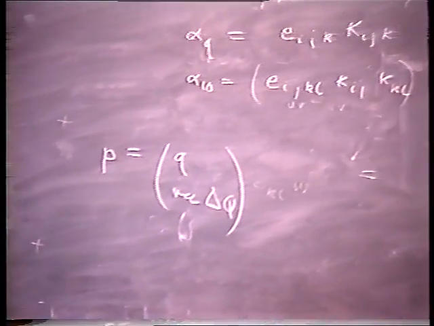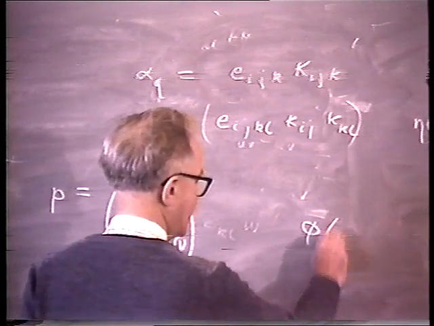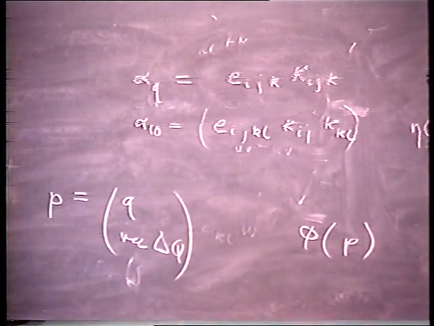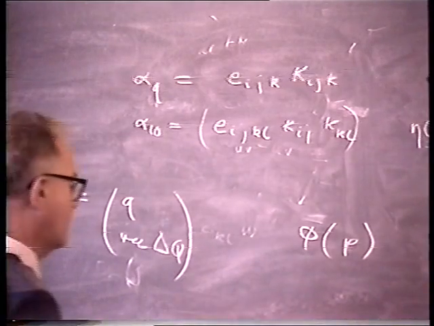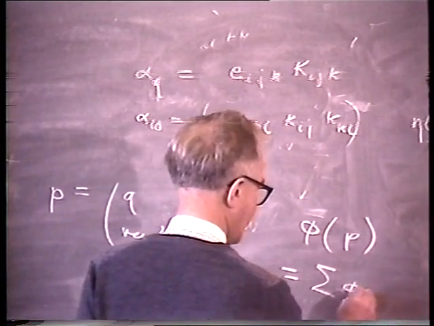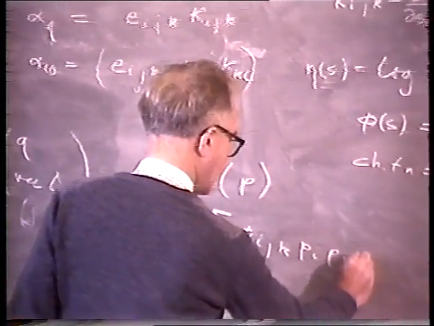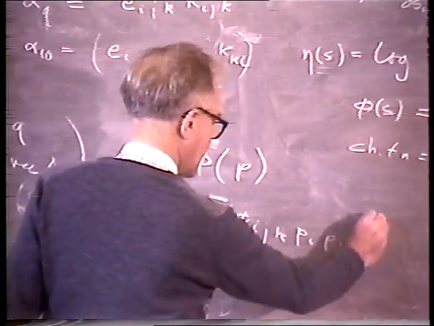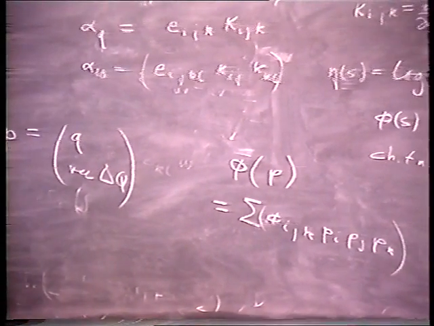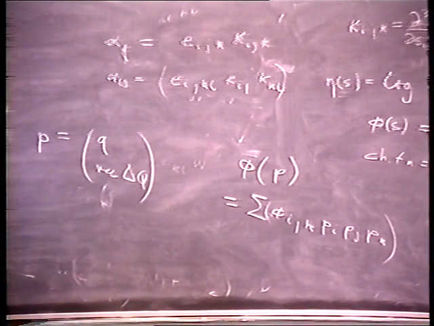One way of looking at that is that you can think of such an expression as being a polynomial, say a third order polynomial, in p. In other words, it can be written in the form phi_ijk p_i p_j p_k, with the phi_ijk not being necessarily symmetrical with respect to permutations of its indices.